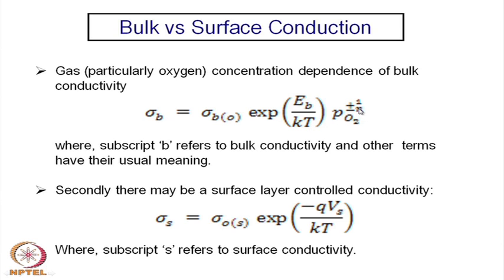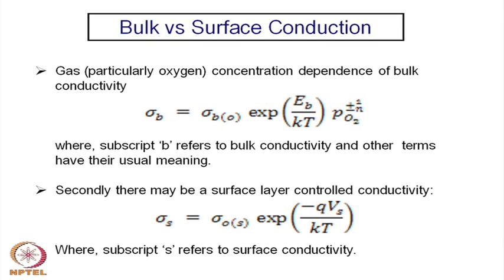So, there is a plus or minus, because depending on the situation it may be either plus 1/n or minus 1/n, and one must remember that it depends on what kind of defect concentration, what kind of non-stoichiometry the material has.